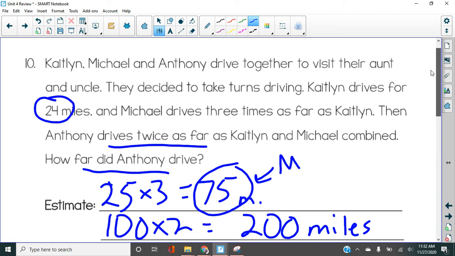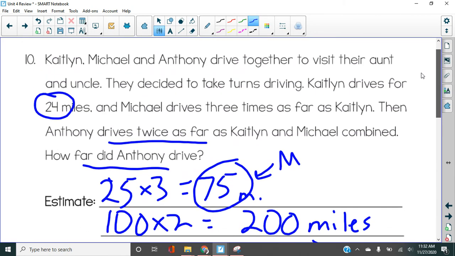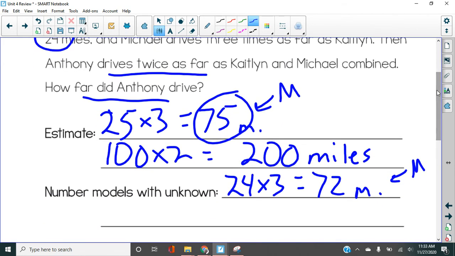I know that you know that that's a 72, but 72 what does it represent? That is how much Michael drove, right? Michael. And Caitlin, what was her name? Is that her name, Caitlin? Yep. Caitlin drove 24.